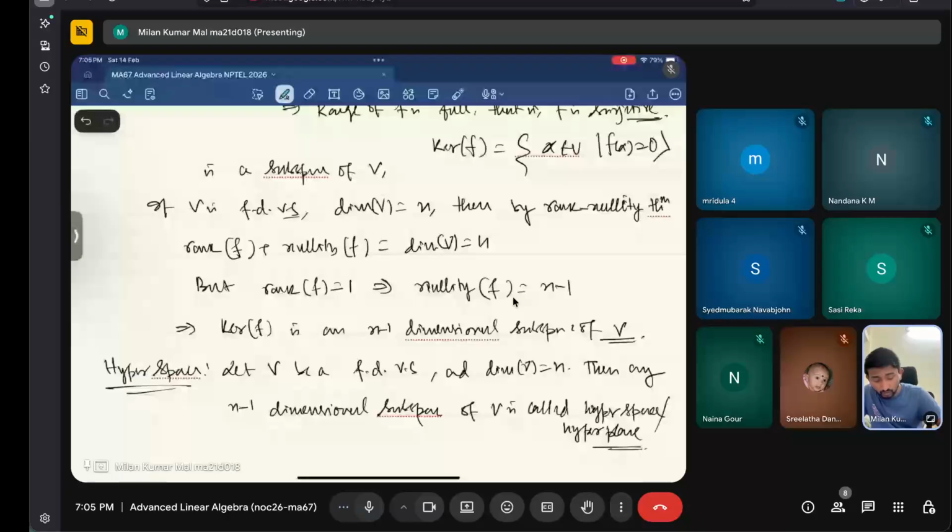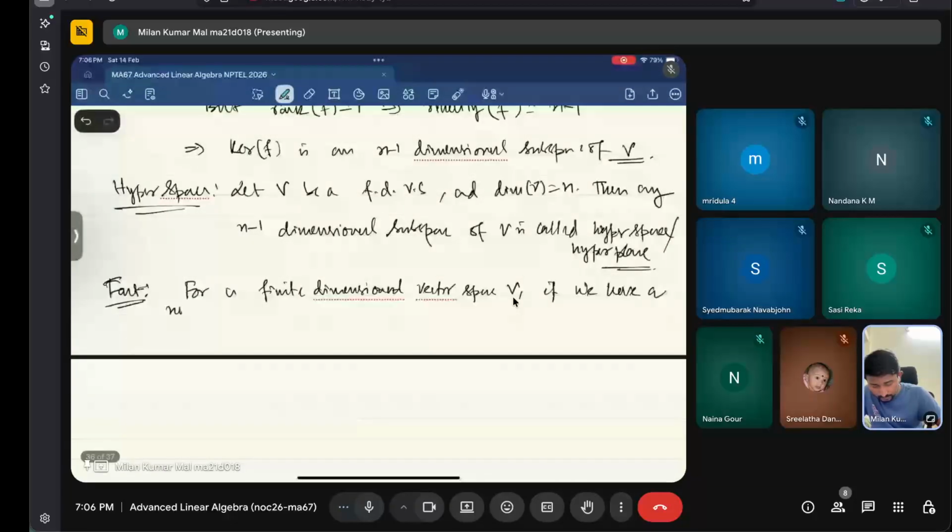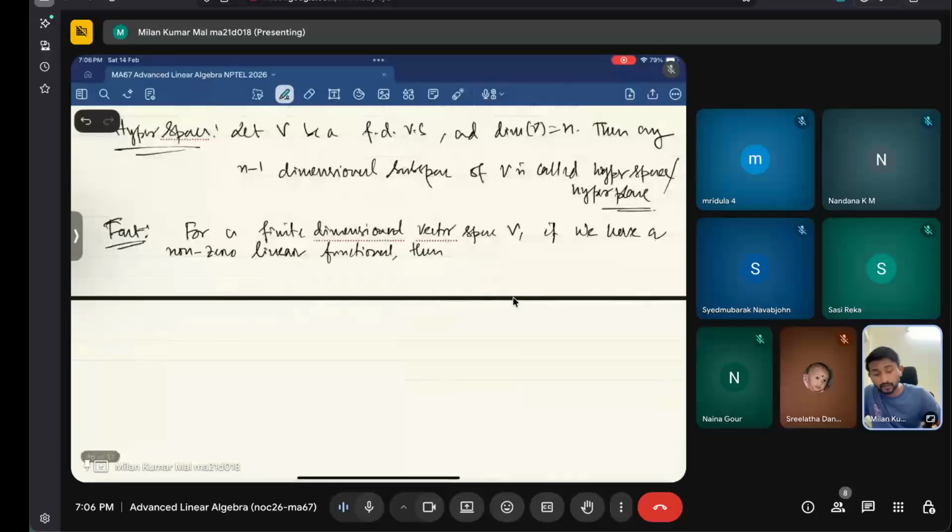For a finite dimensional vector space V, if we have a non-zero linear functional, then we have a hyperplane or hyperspace.